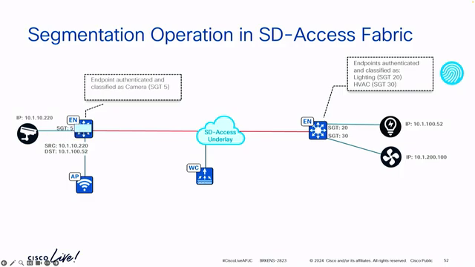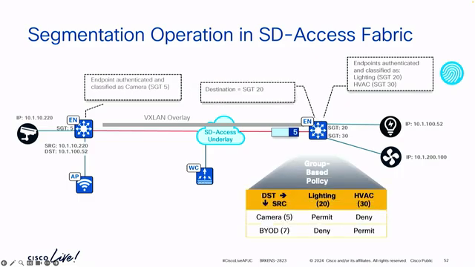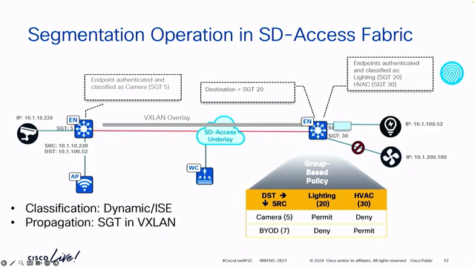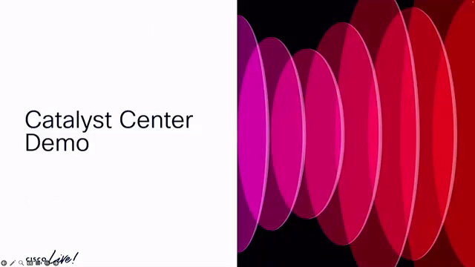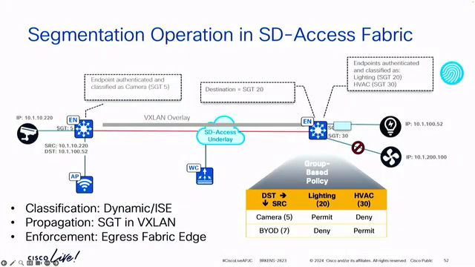And then you can see when my camera traverses the VXLAN overlay and tries to access Lighting and HVAC, it reaches the other edge node or remote locator, and here the policy is referenced. You can see my camera is allowed for Lighting, whereas it is blocked from accessing HVAC.